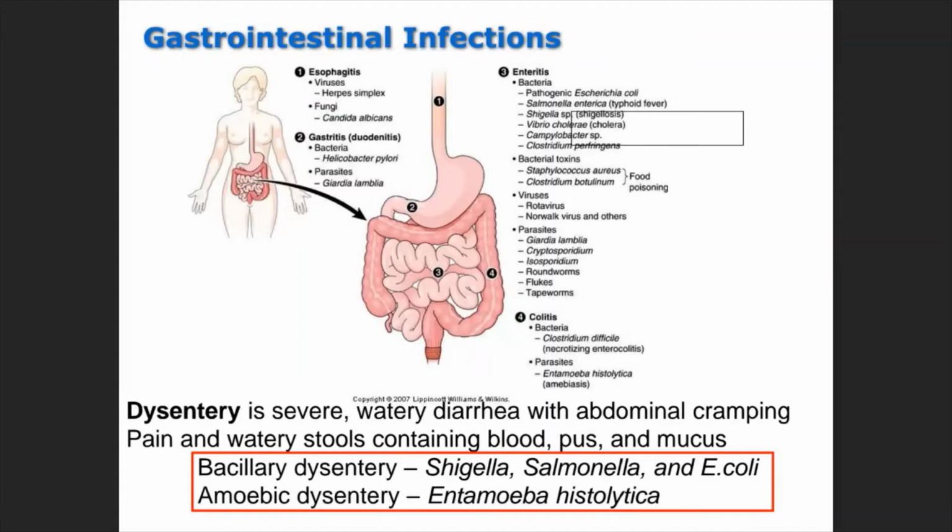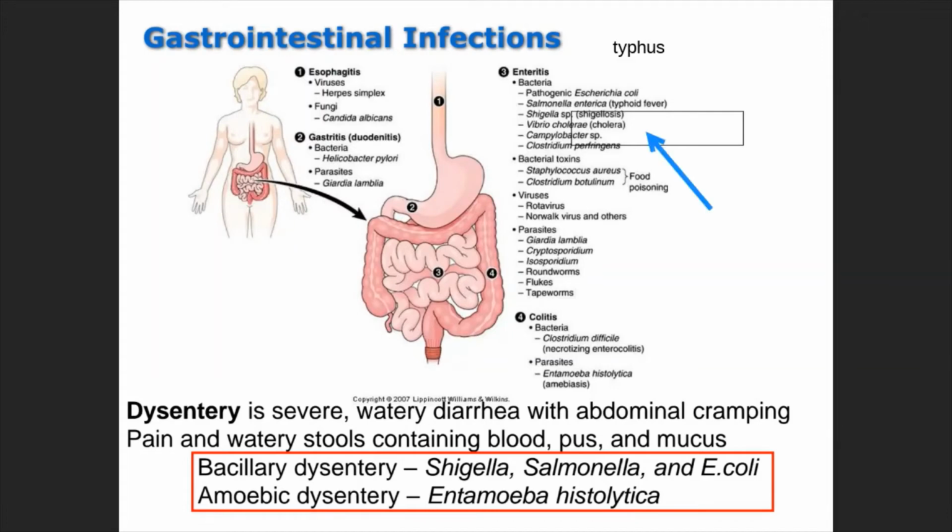Oh, by the way, rickettsia causes typhus fever. In fact, typhus is not related to typhoid fever, which is caused by Salmonella enterica.